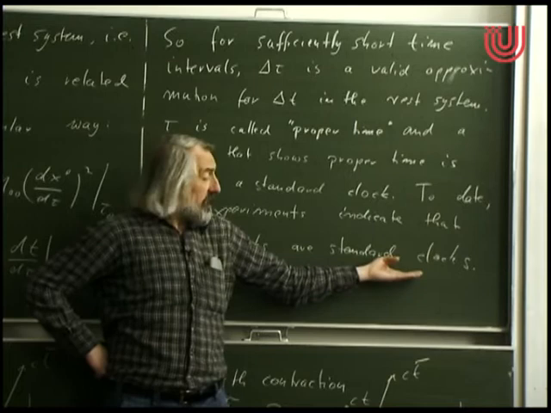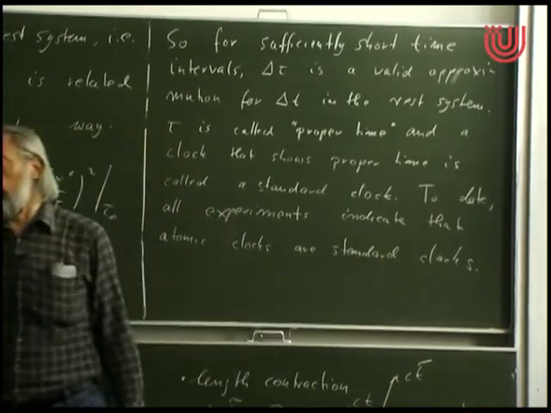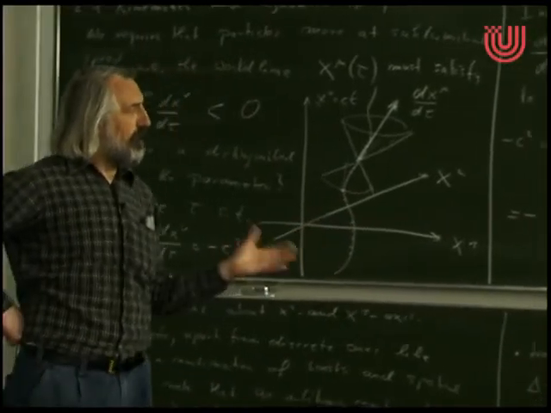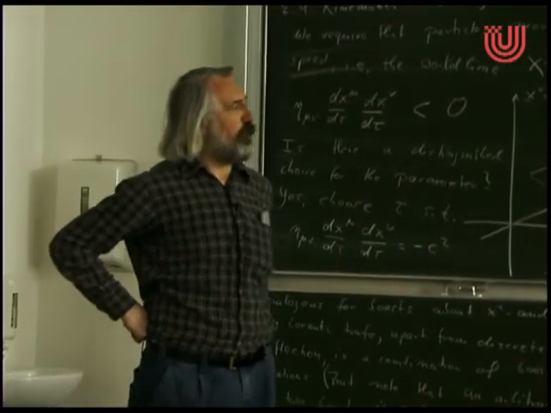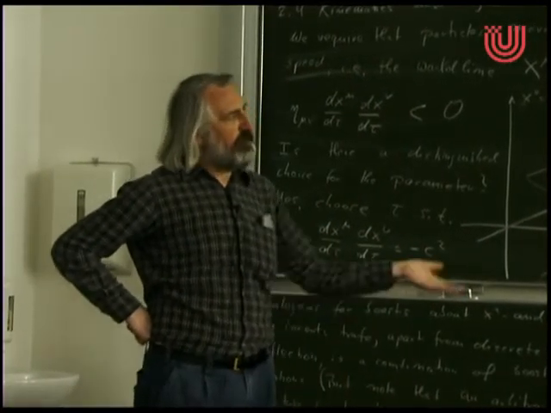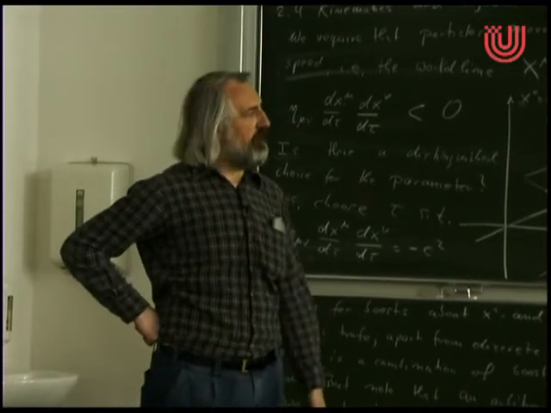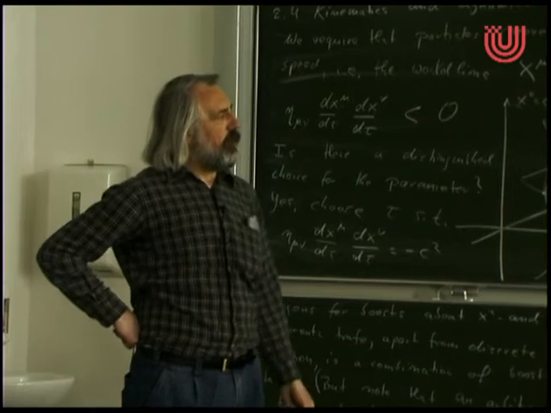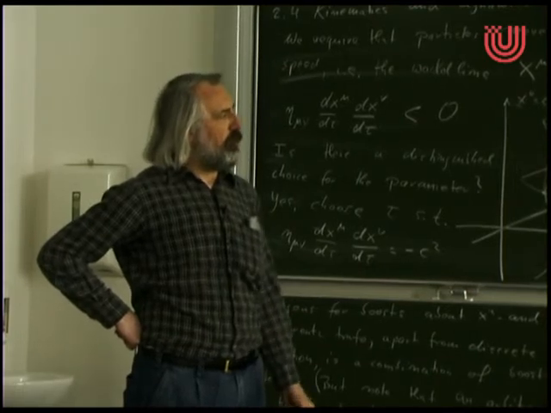And the experience is that this works until now. So when sometimes there's a contradiction between experiment and prediction from relativity, it could be in this identification. It could be that that's the reason, that we have reached the point where atomic clocks no longer behave as standard clocks.